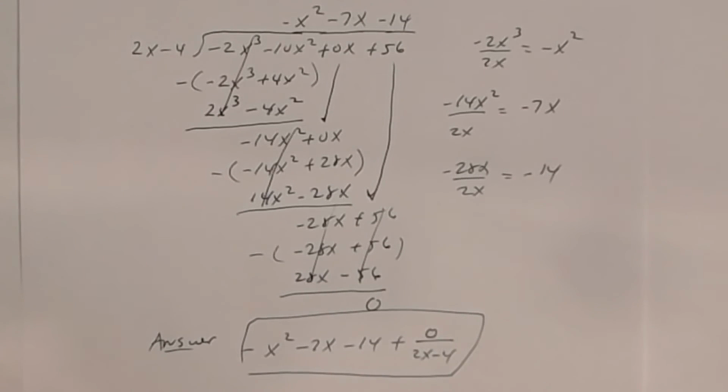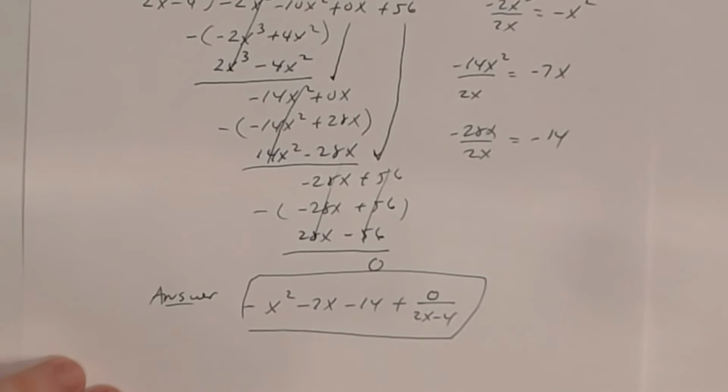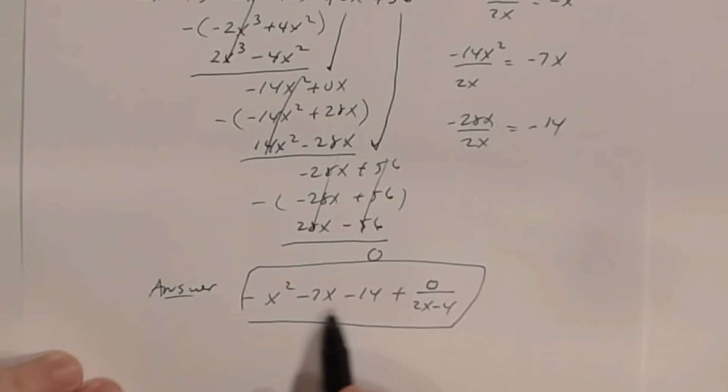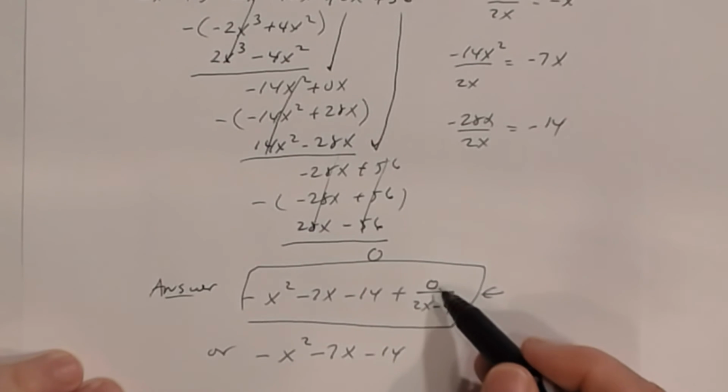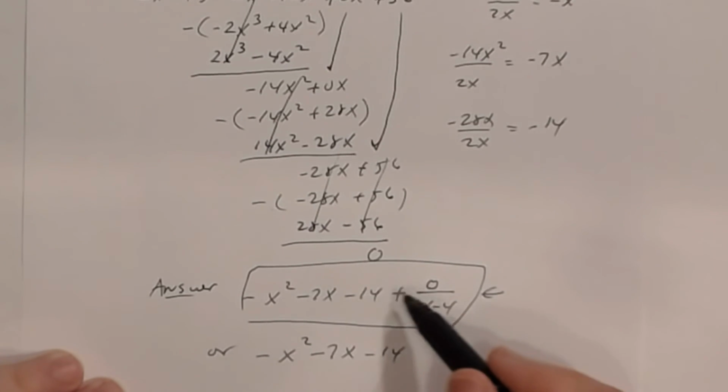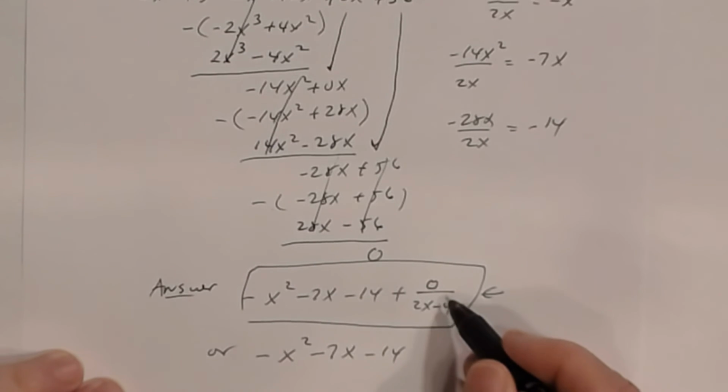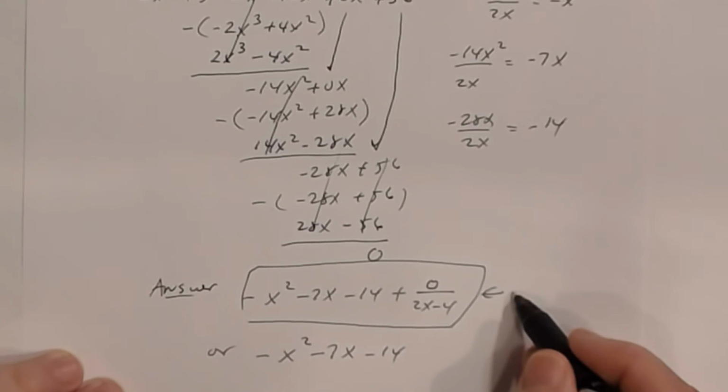But on a multiple choice test or My Math Lab, if this were a multiple choice item, they could have just the quotient as the answer since the remainder is 0. So just keep that in mind. So this could be what you would see. But based on the directions, since it did say write it as quotient plus the remainder divided by the divisor, you would write this.